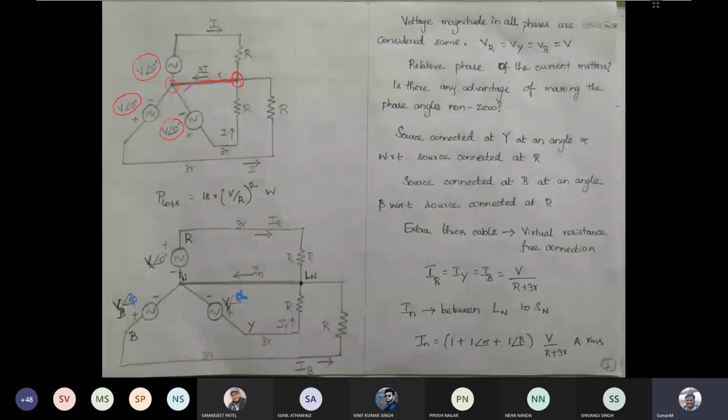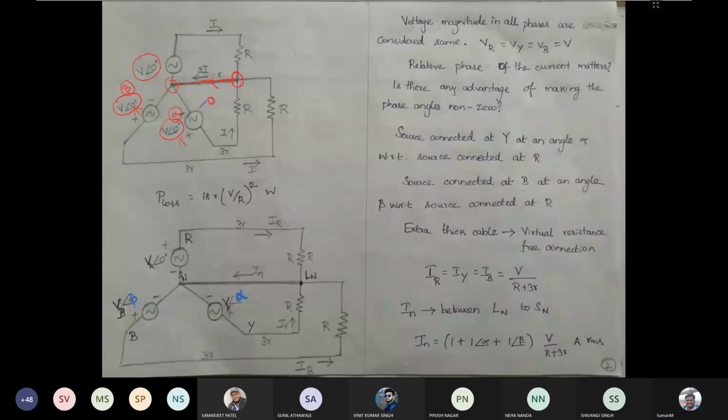Now what we are going to do is have a certain voltage at an angle alpha or beta. This is considered as beta, and here we are considering it as alpha. We do not know the values of alpha and beta. If you choose alpha and beta in such a way, the current flowing through this path is made 0.